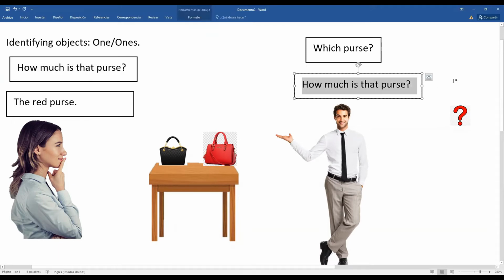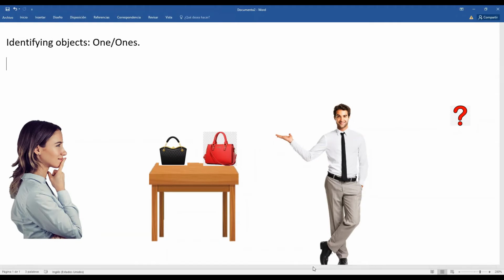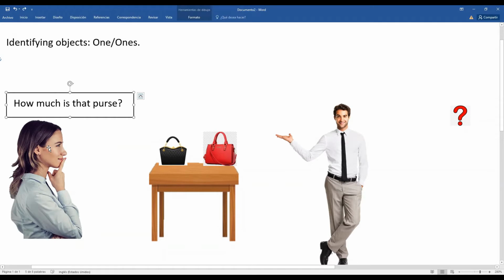And then he says, it's $19.99. So let's go back again. Here's the woman. She sees two purses. He is the salesperson. She comes and says, how much is that purse?